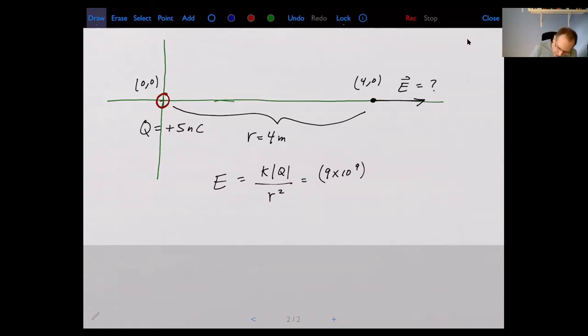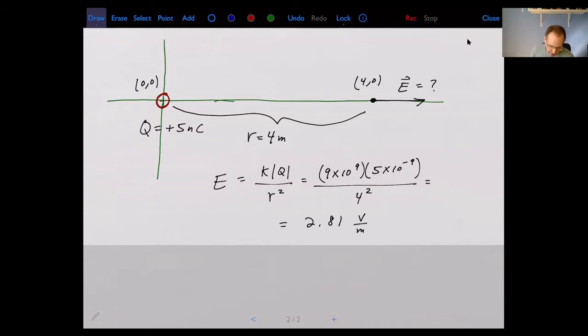And then the Q is, since it's 5 nanocoulombs, 5 times 10 to the negative ninth, divided by R, which is 4 meters, squared. And if you work that out, it turns out this is equal to 2.81, and again, it has units of volts per meter or newton per coulomb. I think the simulation that we're going to look at later uses volts per meter, so I'm just going to leave it as volts per meter.